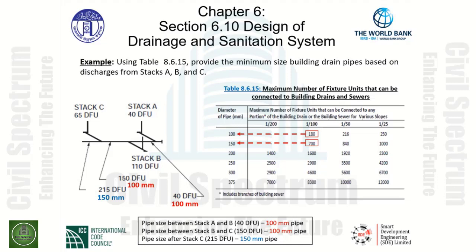Our drawing, indicated on the left-hand side, shows the most upstream portion of the building drain pipe that has an initial load of 40 drainage fixture units from stack A. So stack A enters a horizontal drain and discharges into a portion of the building drain at 40 drainage fixture units.